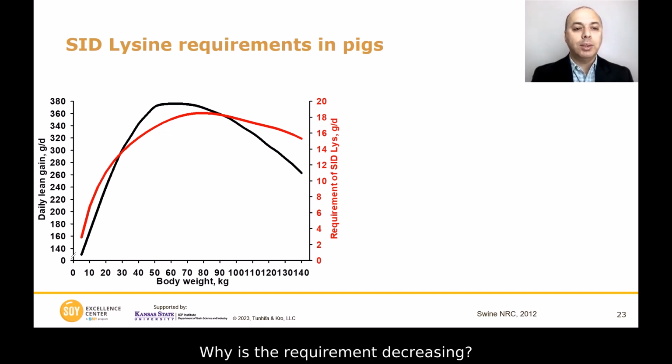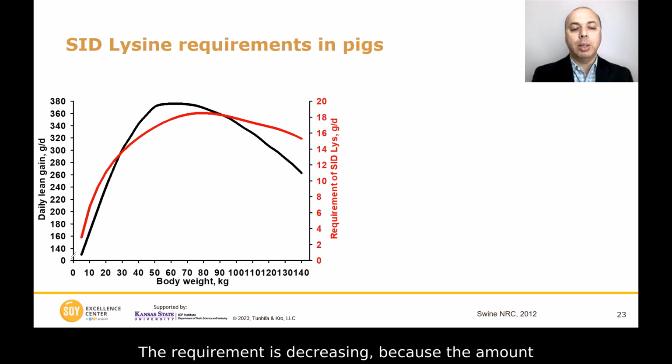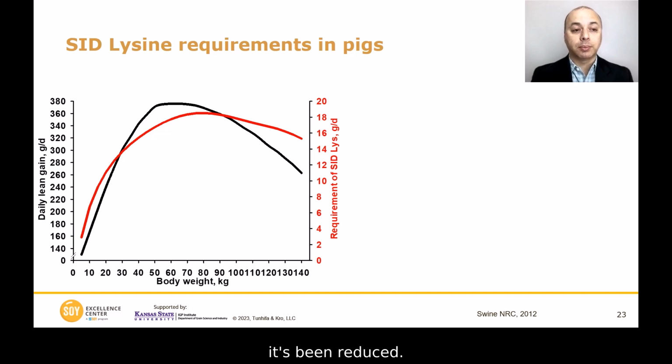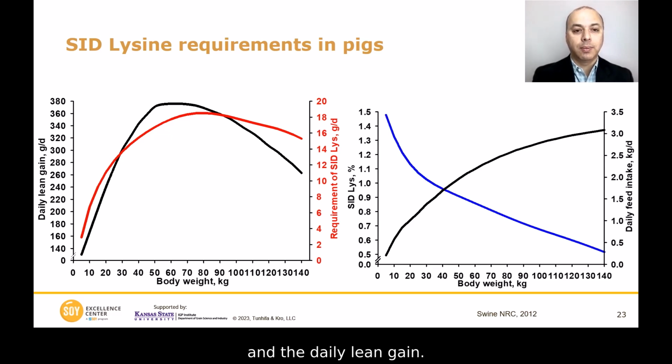Why is the requirement decreasing? The requirement is decreasing because the amount of lean tissue or muscle mass being deposited is being reduced. If we look at the daily lean gain of a pig, then we can see sort of the same response, this type of quadratic response, very similar between the lysine requirement and the daily lean gain.